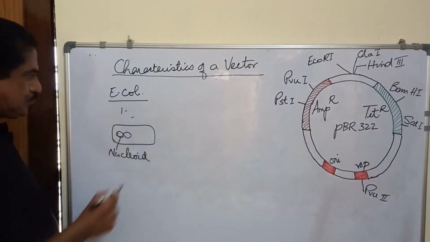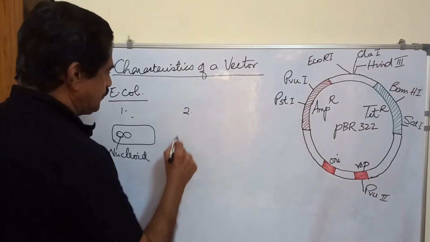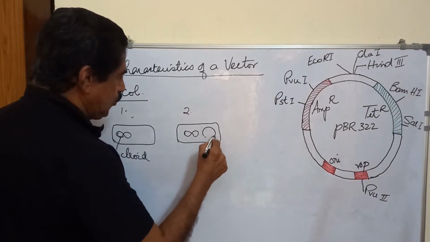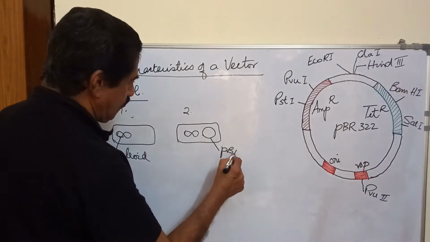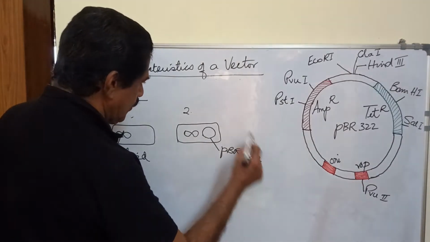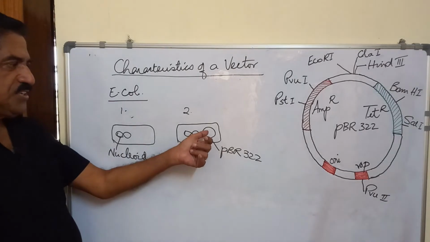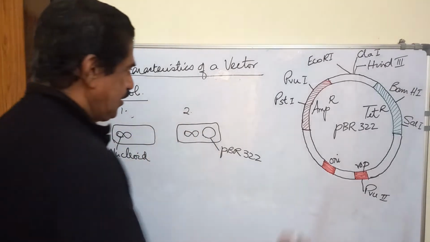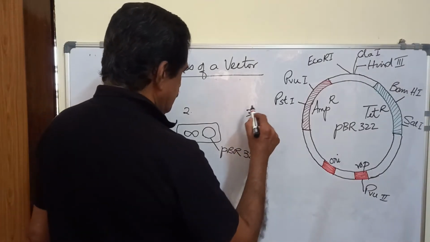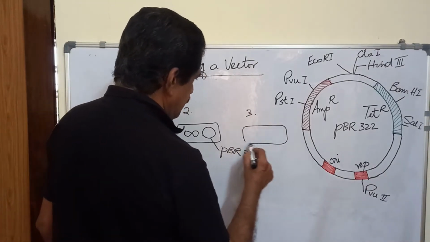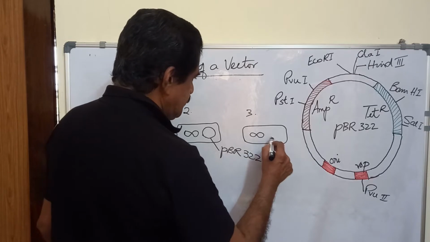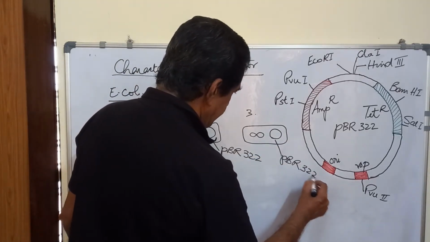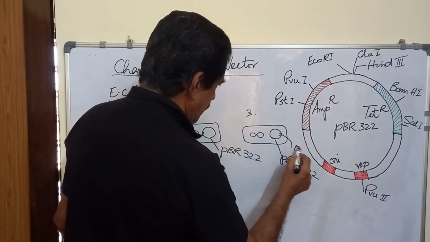That's one. In the second one, this is nucleoid, you have pBR322, but it does not have the foreign gene inside it. Third one, you have nucleoid, you have pBR322, and you have the foreign gene.